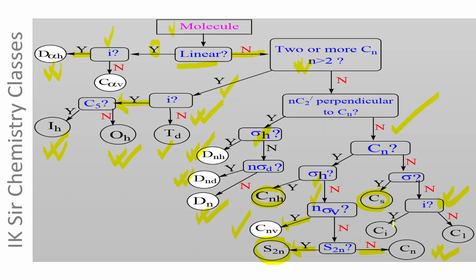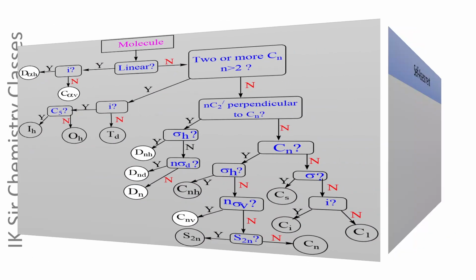If i is present in the molecule, its point group will be Ci. And if i is not present in the molecule, its point group will be C1. Thus, we see that the minimum symmetry of a molecule is C1, which has no other element of symmetry than identity.